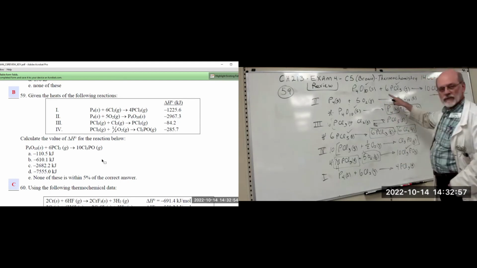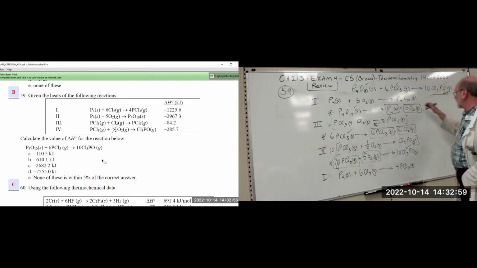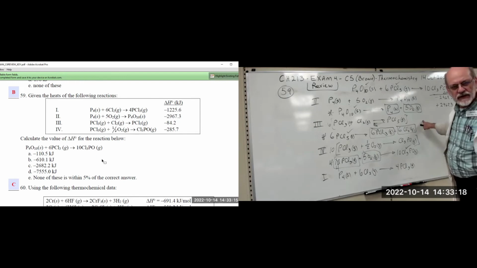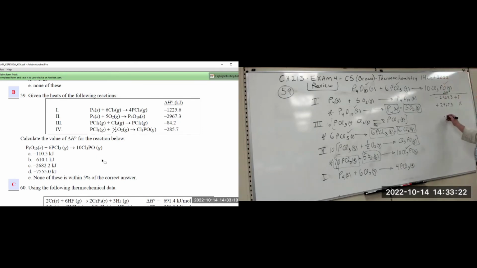We went to number 2, minus 2967.3 kilojoules. And all we did was flip the equation, right? So this is positive 2967.3. Okay. The second one, PCl3, is Roman numeral 3, minus 84.2.